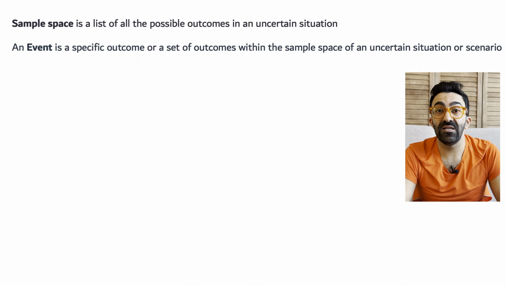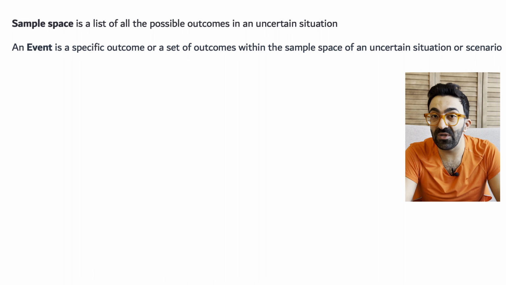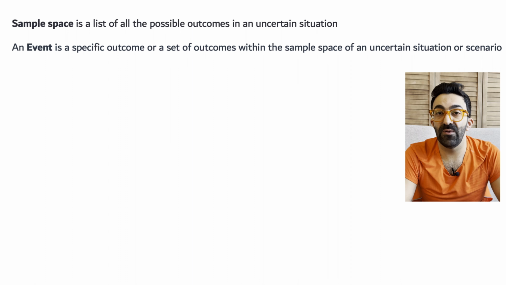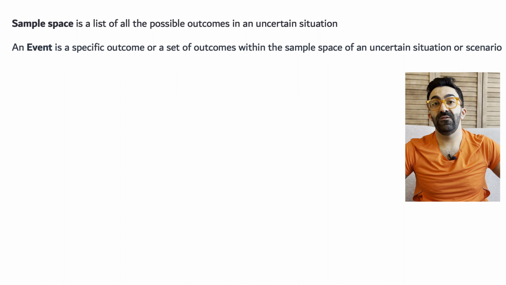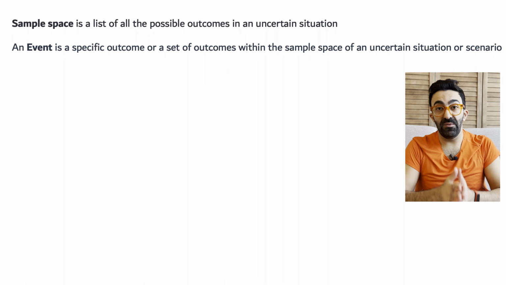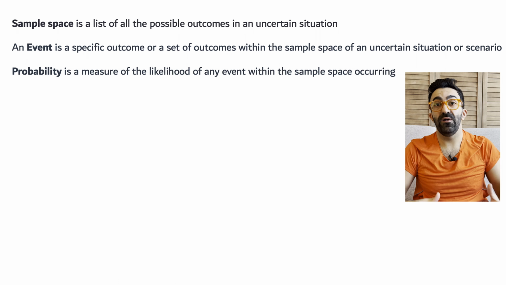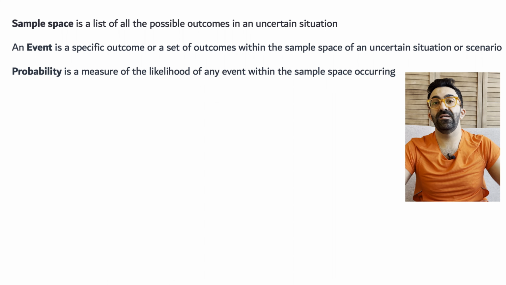Event is a specific outcome that you want to know or measure the probability for. For example, having 2 if you roll a die is 1 event. And now we can easily define probability. Probability helps you measure the likelihood of an event in an uncertain sample space.